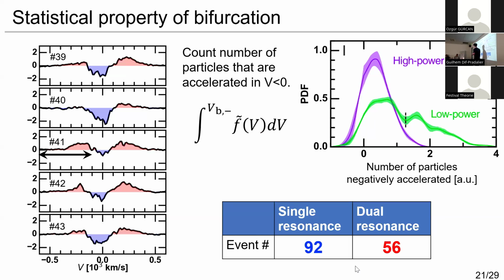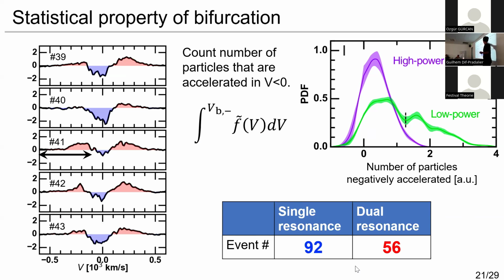In order to quantify whether or not this negative tail appears, we just count the number of particles inside the negative tail by making an integration over here. And I made a PDF analysis for the number of particles that are negatively accelerated. The upper case is the high power case.